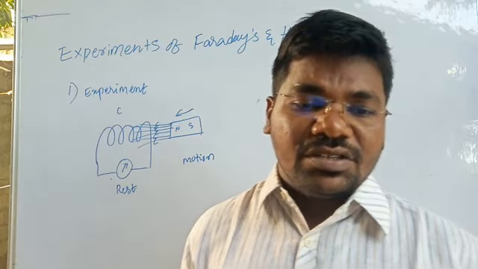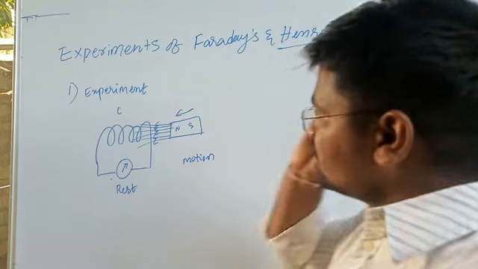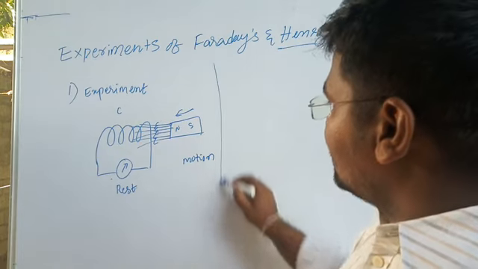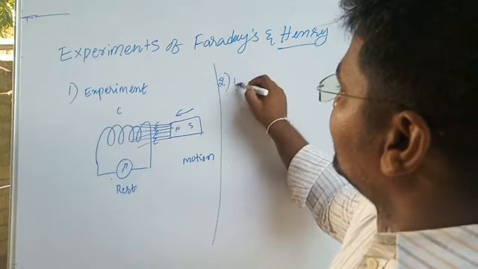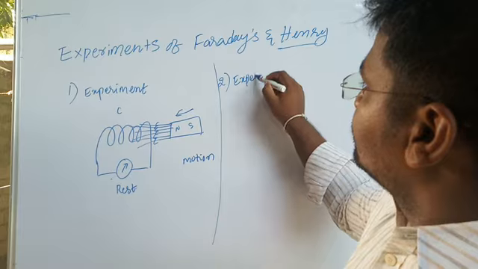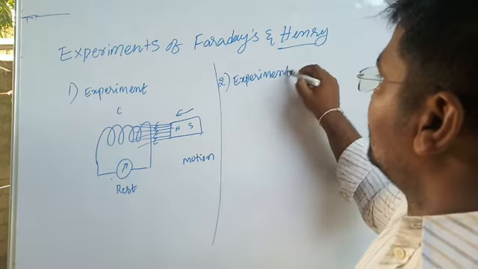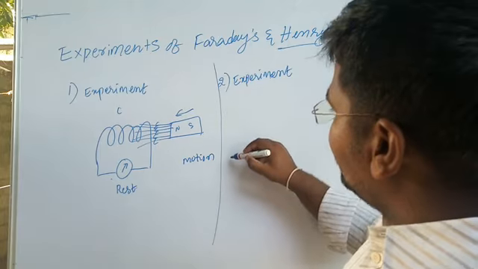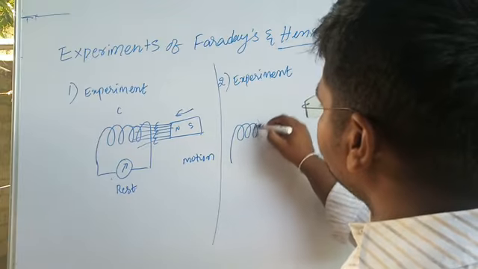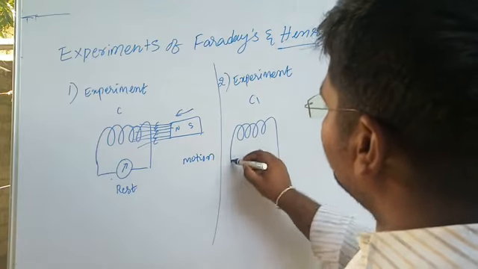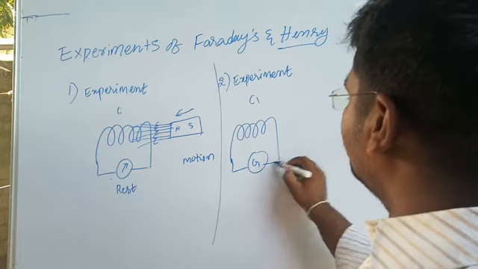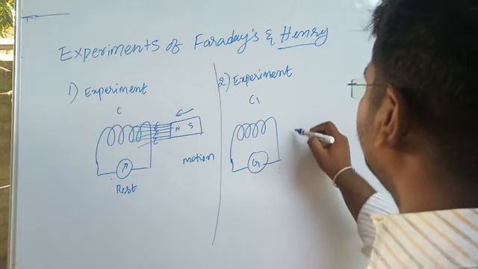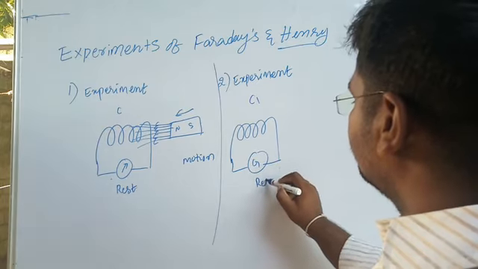Okay, so coming to the second experiment. In this experiment, we take two coils. Coil 1 has a galvanometer, and this one is at rest.